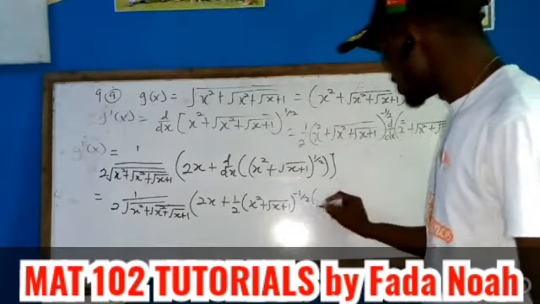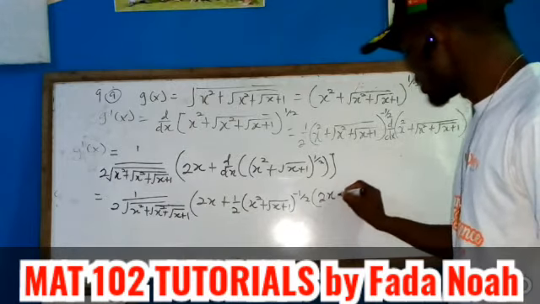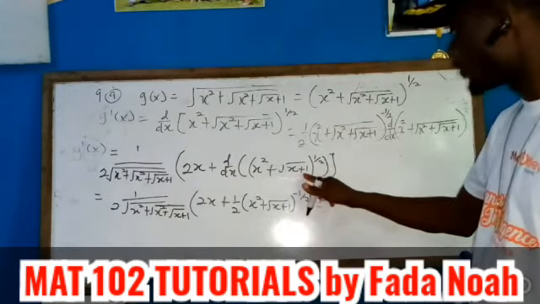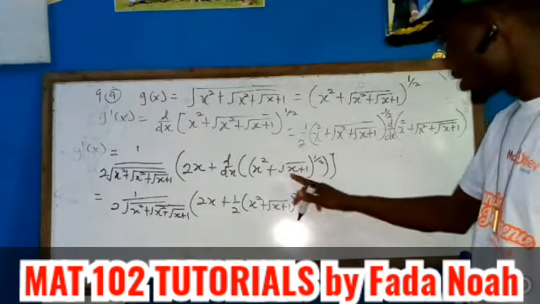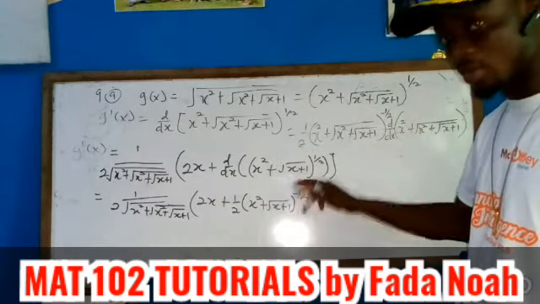So the derivative of what is inside the bracket will give us 2x plus the derivative of the square root of x plus 1, and the square root of x plus 1 can be written as x plus 1 power 1 over 2.